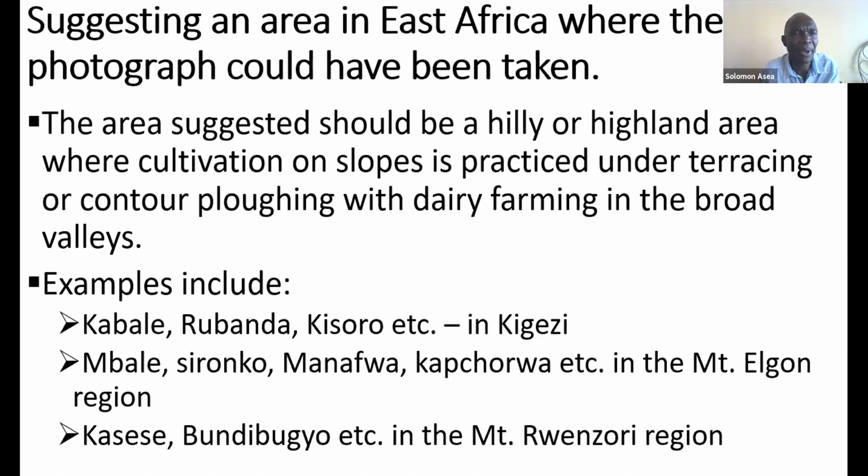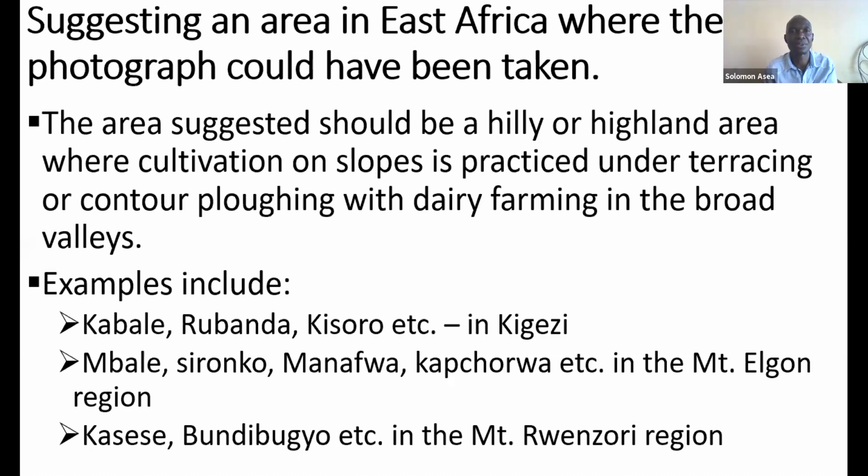Otherwise, we know we have highland areas in Karamoja, Moroto, Mountain Park, but you don't find cultivation on the slopes. So one who talks of evidence will not say this photograph was taken in Moroto, evidenced by Mount Moroto.